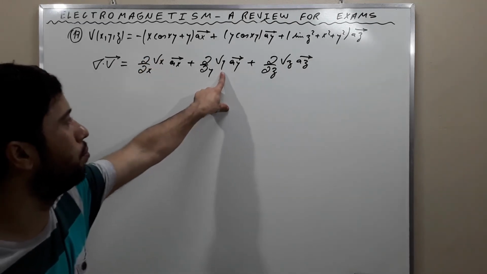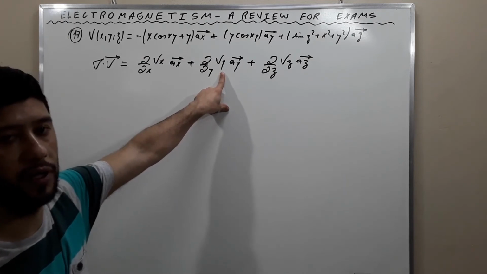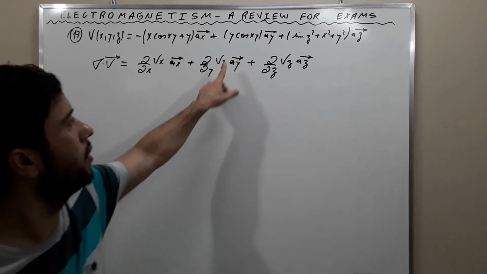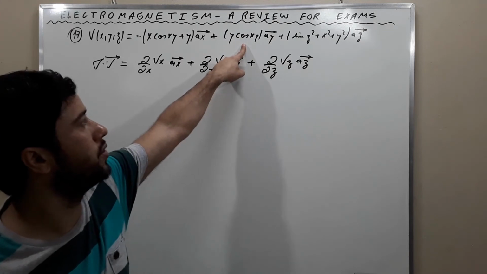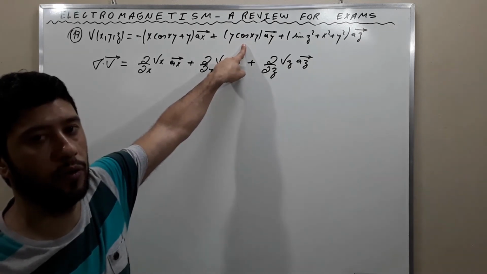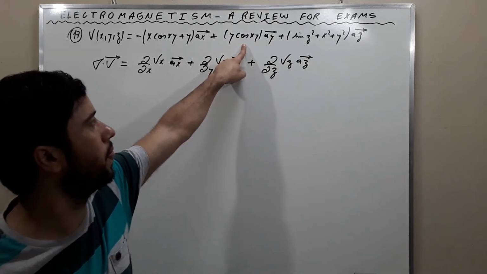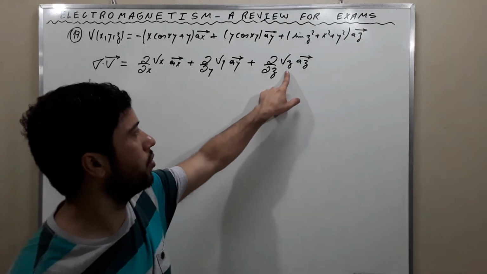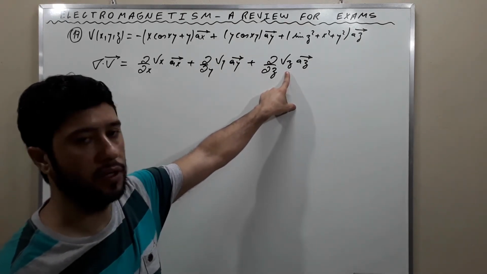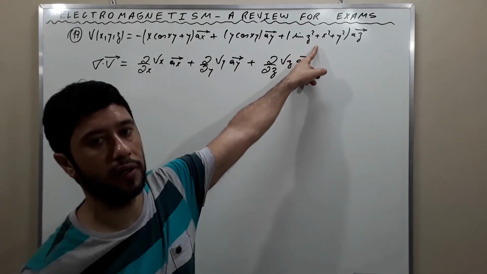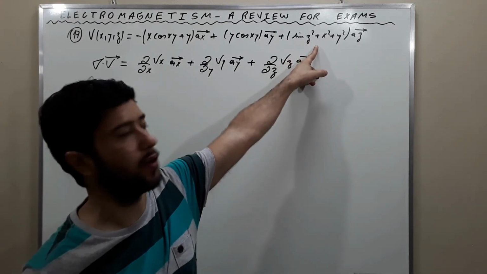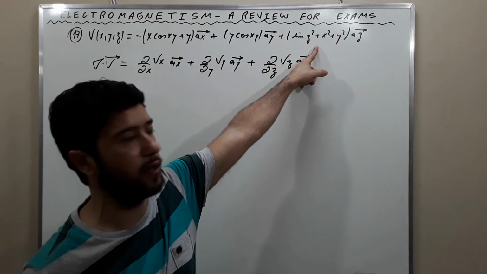And what is the component of this vector field in the y direction? This. We simply differentiate this with respect to y. And the component of this vector field in the z direction is this part here. We simply differentiate with respect to z.